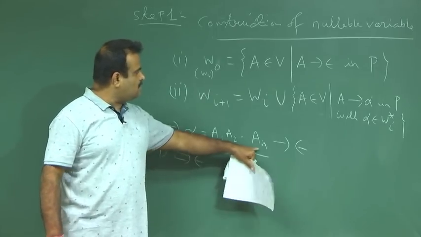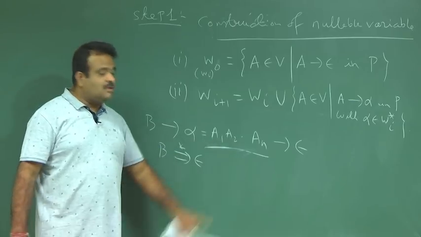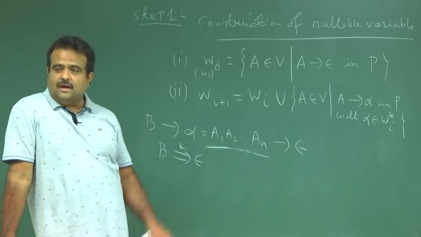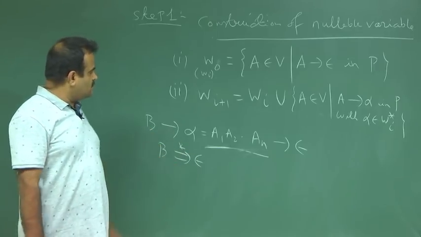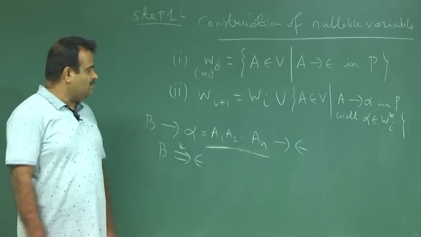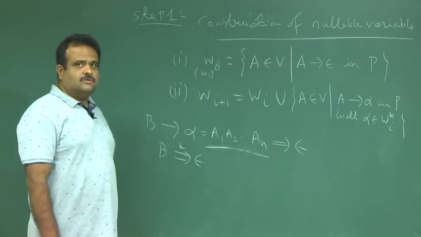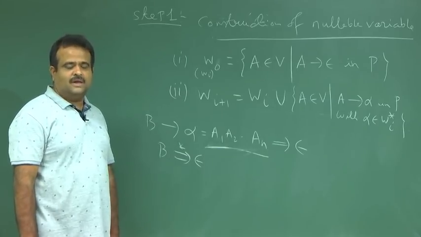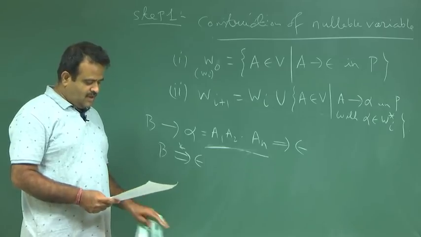Because if these are all W i star, that is, all nullable variables found previously, then B is also a nullable variable, because B has a production like this and all of it goes to alpha in a few or more steps. That means B is also going to epsilon. So epsilon can be derived from B.